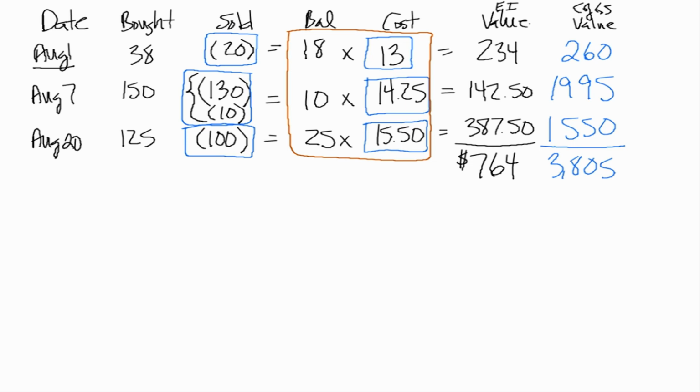And with the August 1st, I'll put 18 here, and I will put 10 here, and I will put 25 here, and everything else will be blank, except for the 13, the 14.25, and the 15.50, I'll need this information too. And then I can start again, and if I buy more, I'm just going to add it down underneath, and the sold will be taken away.